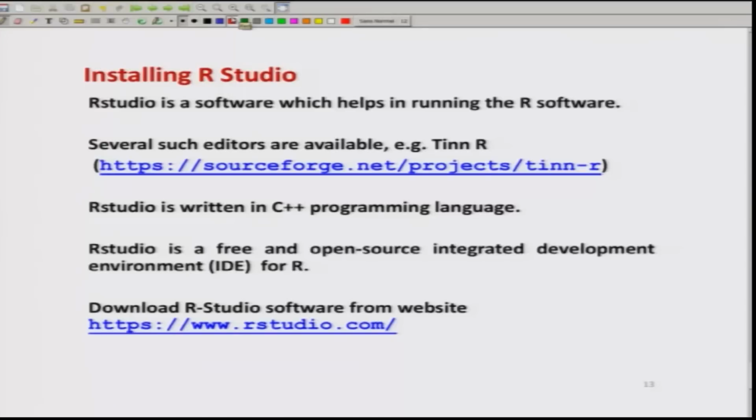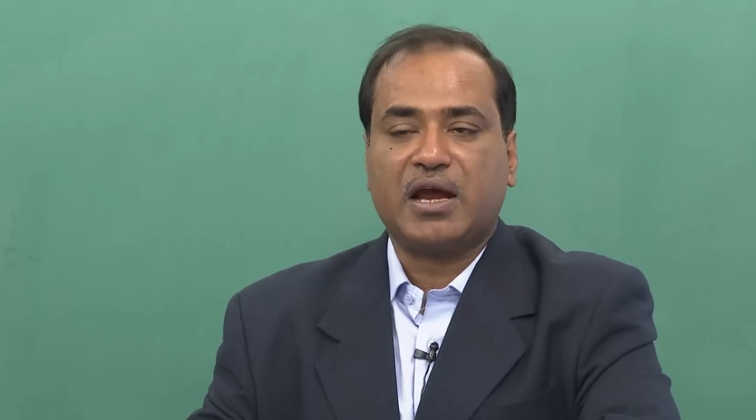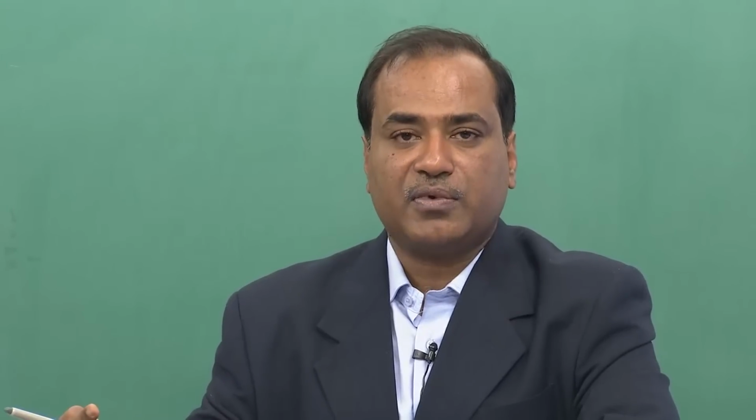After this, I will suggest you to install another software also. Now after this, we come to another aspect. Whenever we are working with our software, we have two options. Either we can work directly with the R software, we can execute the command inside the R software, and the second option is that I can take help of a supplementary software which works inside the R from outside.